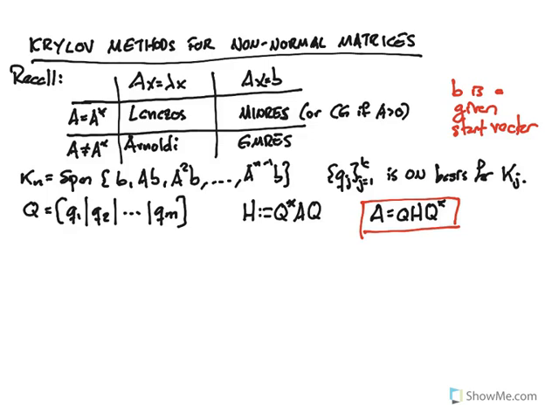So say we want to solve a linear system. So consider Ax = b for a matrix where A is not necessarily equal to its adjoint, or say it's not symmetric. Then what do we do?